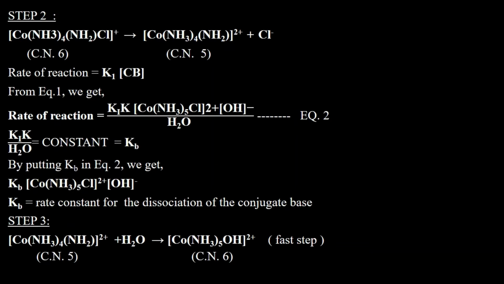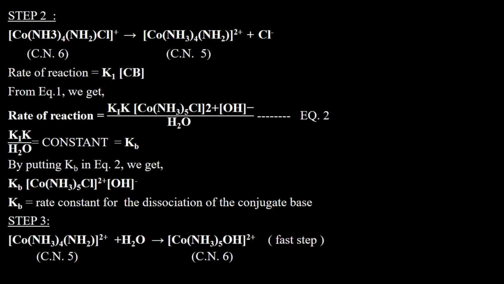Since the rate of reaction is determined by the slow step, it is the rate determining, unimolecular step. Thus rate of reaction = K1 [conjugate base]. From equation 1, we get rate of reaction = K1 K [Co(NH3)5Cl]2+ [OH-] / [H2O]. This is equation 2.